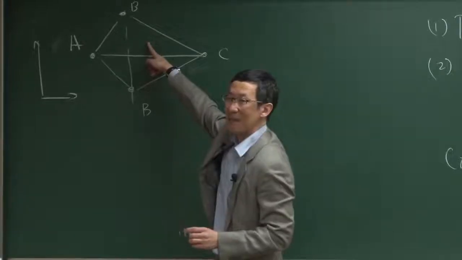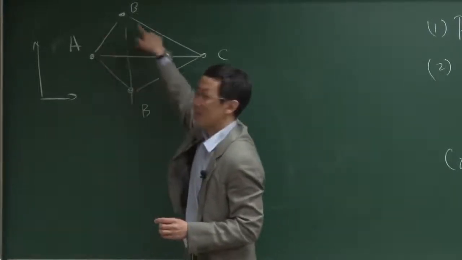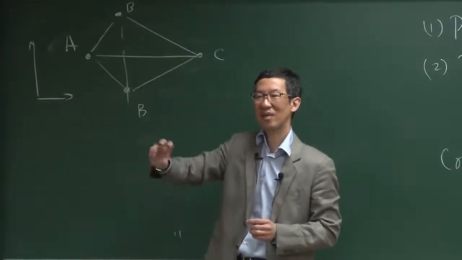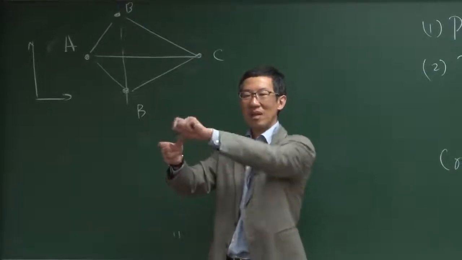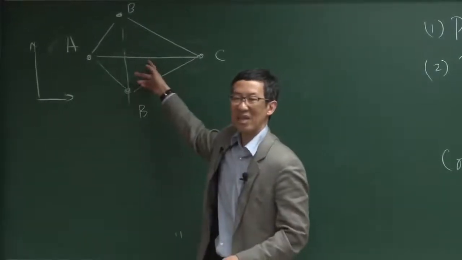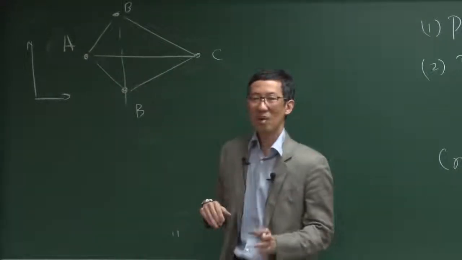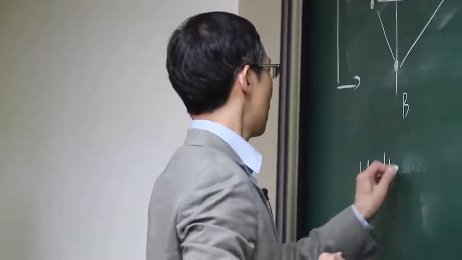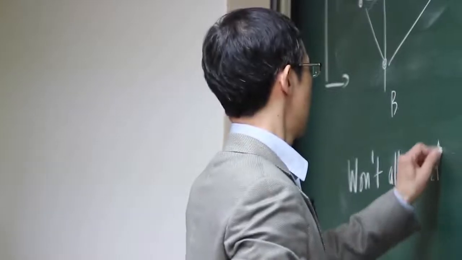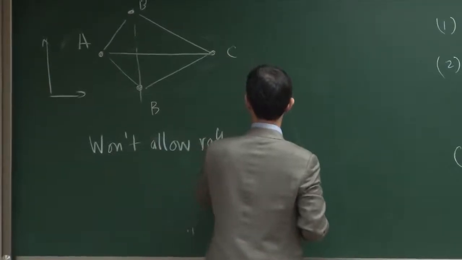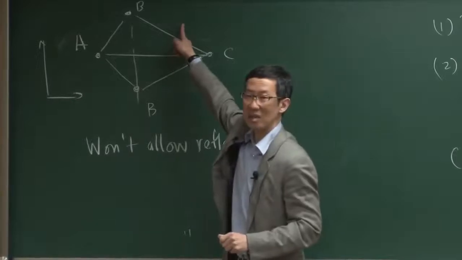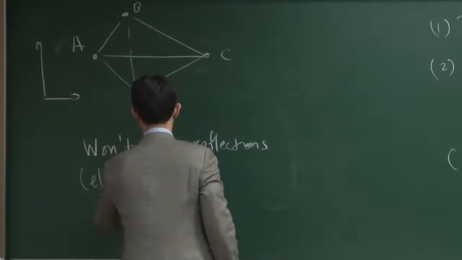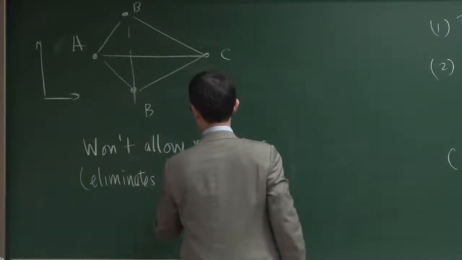But if you think about this, what do I have to do to get to this? I have to flip the coin. Pick it up off the table, flip it, and put it down. So this is a reflection. We're not going to allow reflections, so that eliminates the top solution.